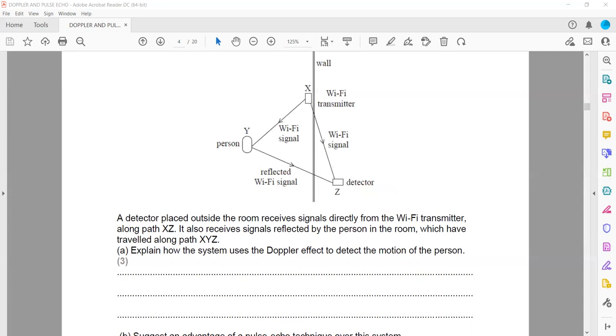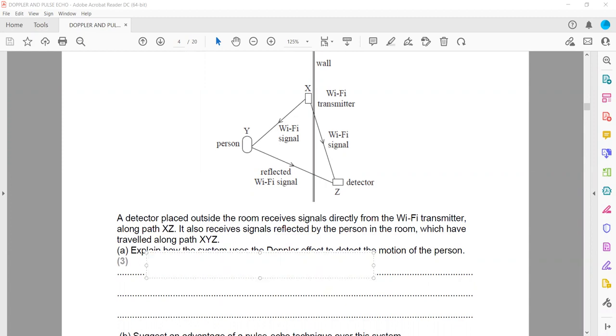Due to the motion of the person, there will be a change in frequency or wavelength, and the system compares the change in frequency. If the frequency increases, it means the person is moving towards. If the frequency decreases, the person is moving away. If the frequency is the same, the person is stationary inside the room.